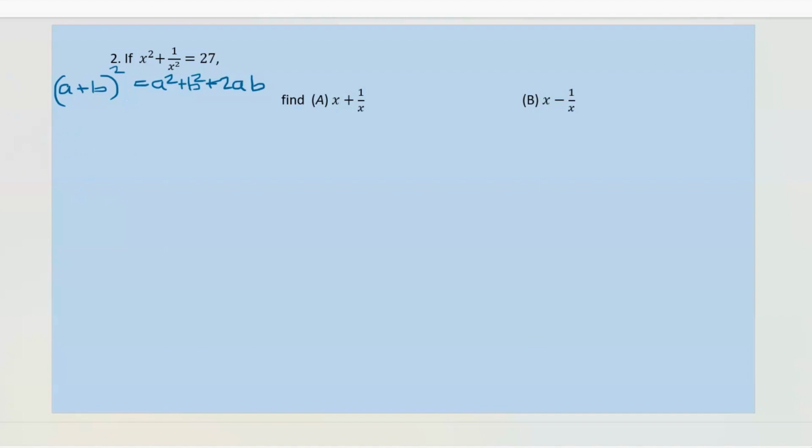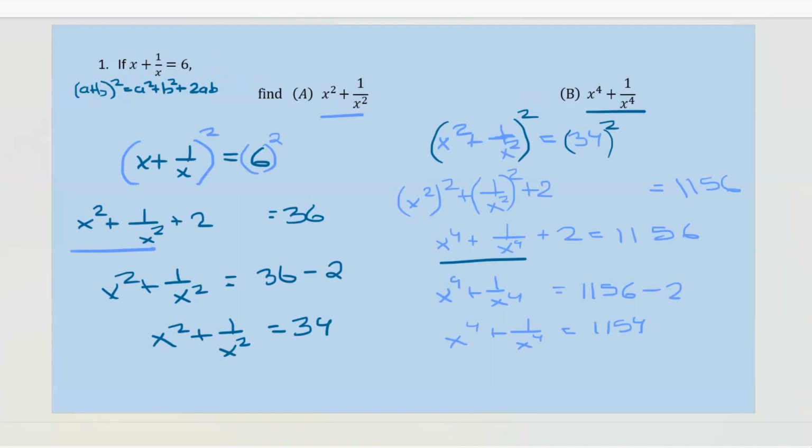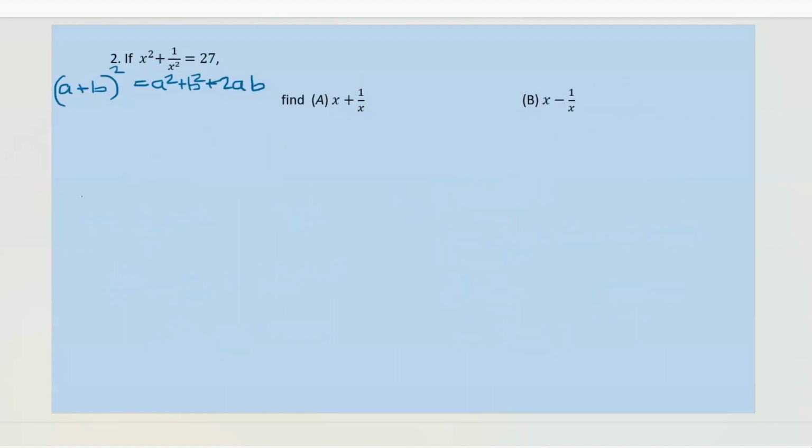Here, it gave us x plus 1 over x equals 6. But here it's x squared plus 1 over x squared equals 27. So it's just kind of switched. So first let's substitute.